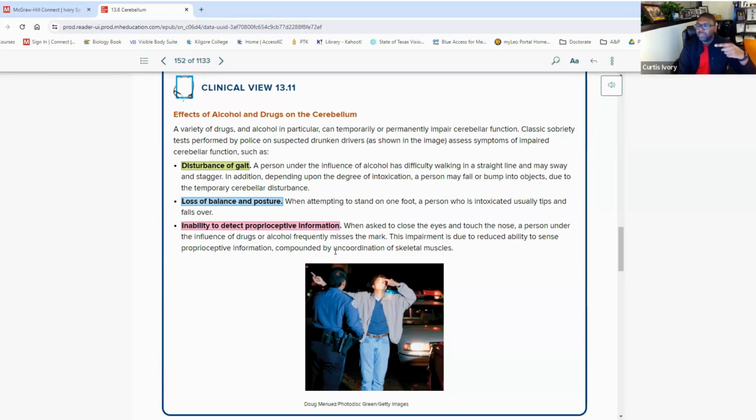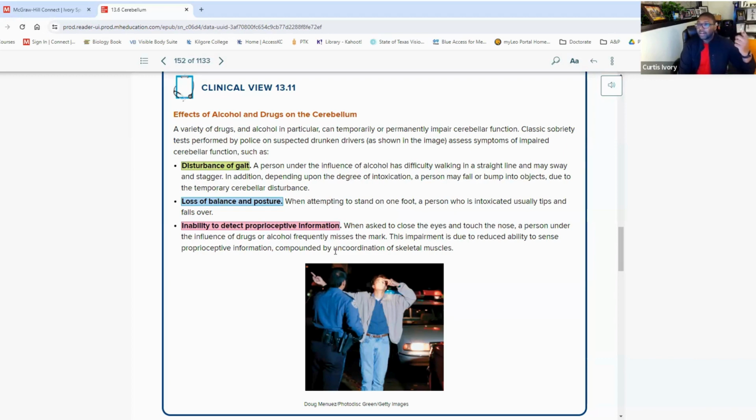That's what proprioceptive information is. If I close my eyes, I know my hand is on the side of my head. I know it's in the front of my face. But when I'm inebriated, my cerebellum doesn't know anymore. So when they tell you to touch your nose, you can't figure out where your nose is. Your brain doesn't know where your nose is at that point.